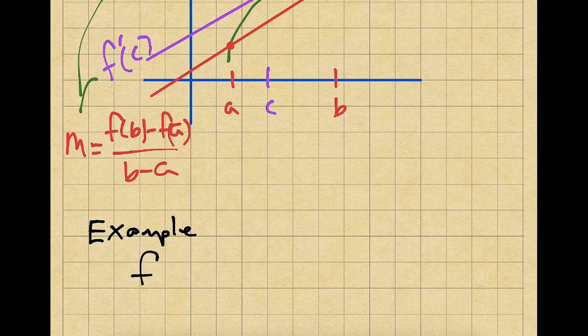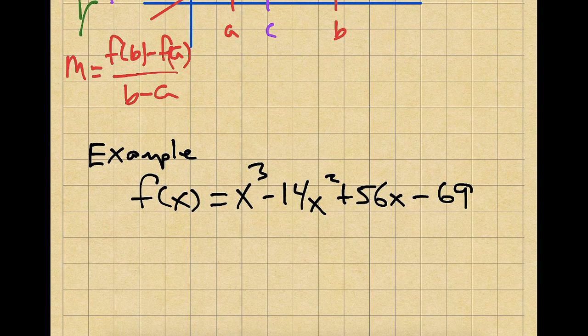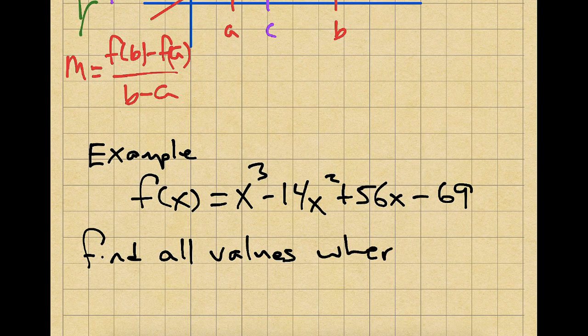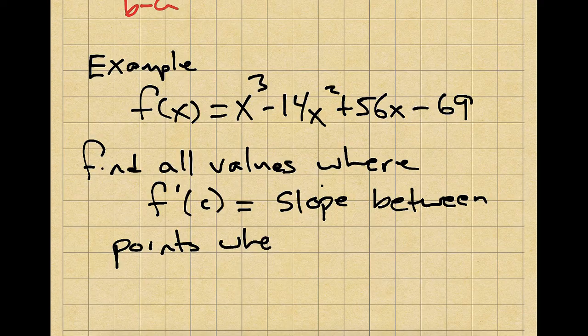So maybe the example is you have this function f of x is equal to x cubed minus 14x squared plus 56x minus 69, and you want to find all the values where f prime of c is equal to the slope between the points when x equals 1 and 4.